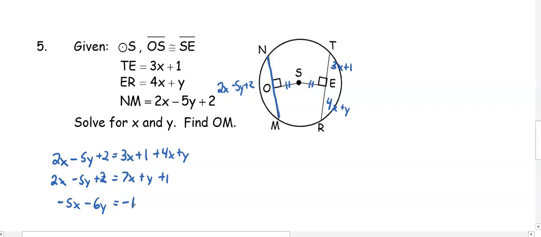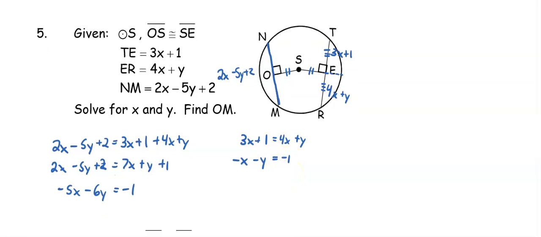Then we also know that SE, if we extend it to make it a radius, bisects the chord PR, so we have 3x plus 1 is equal to 4x plus y. If we move x's to one side and numbers to the other, we get negative x minus y is equal to negative 1.